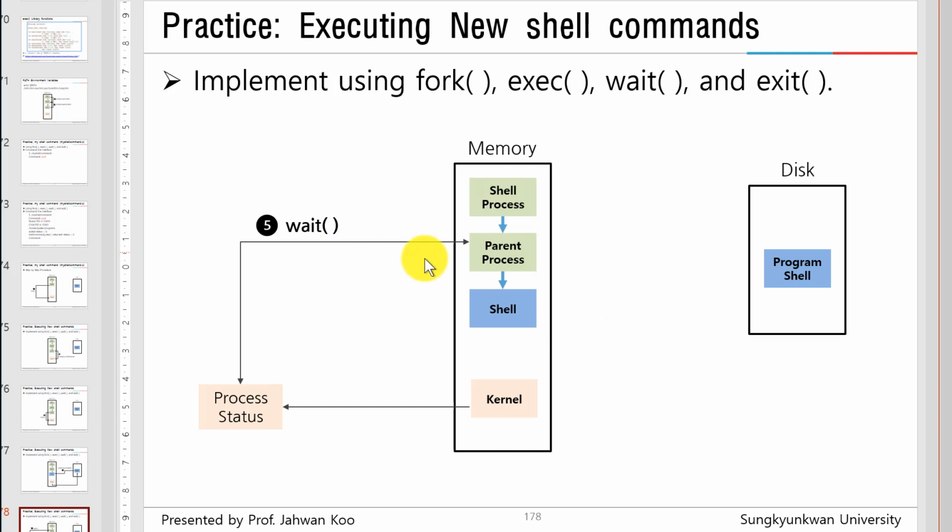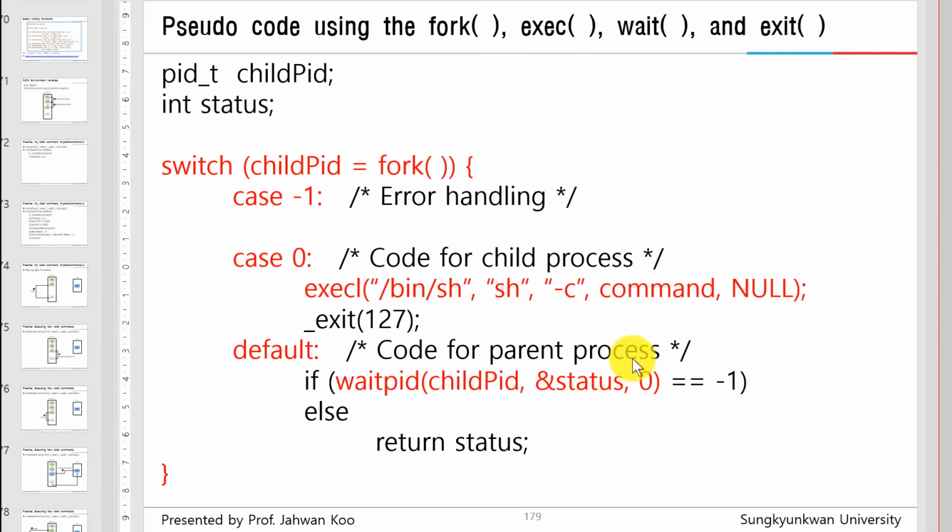Step 5. The parent process can obtain the status of the child process using the wait system call. The parent process is always wondering if the child process is terminated by signals or by itself. This is pseudo code for when you are using the fork, exec, wait, exit system calls.